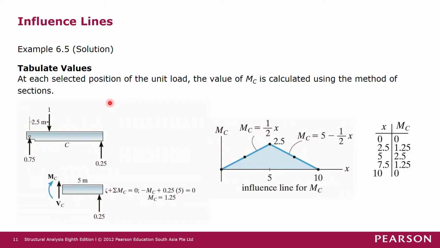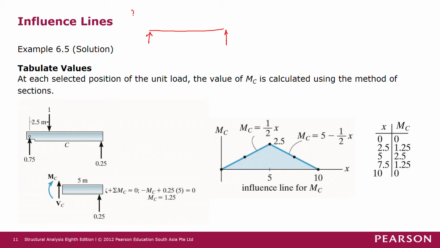First we put 1 unit load at the reaction there. If we put 1 unit load here, then we cut across section C and see what is the bending moment. It's not demonstrated in this particular example, so let me draw a diagram to indicate that.